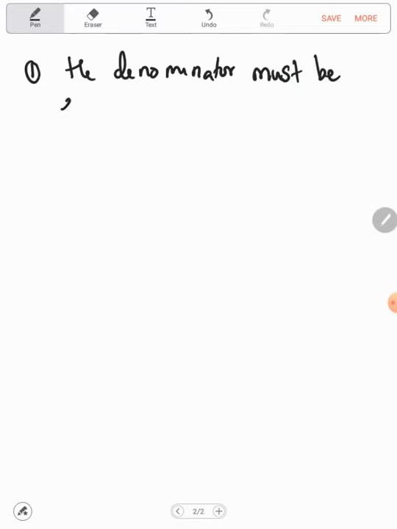When you are resolving partial fractions, the first thing that you have to take note of is that the denominator must be factorized. Then the numerator must be at least 1 degree less than the denominator.